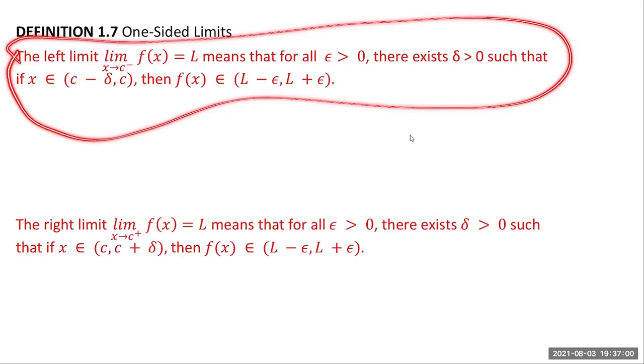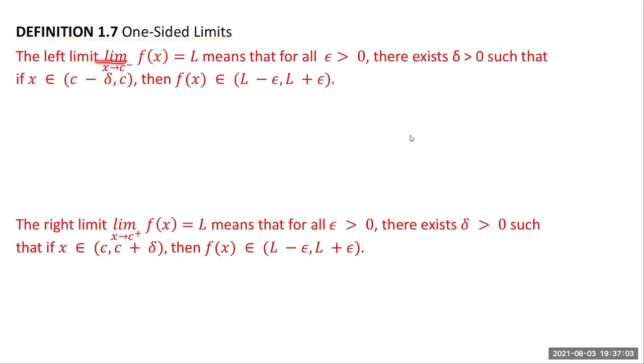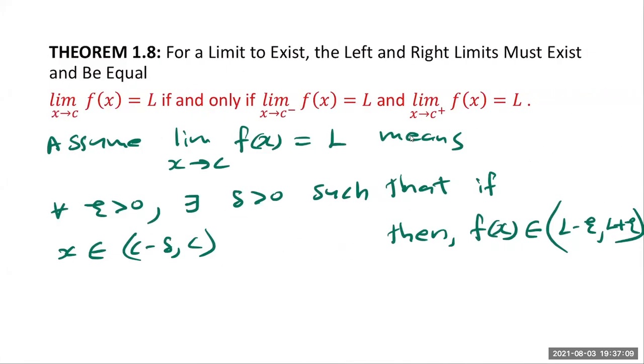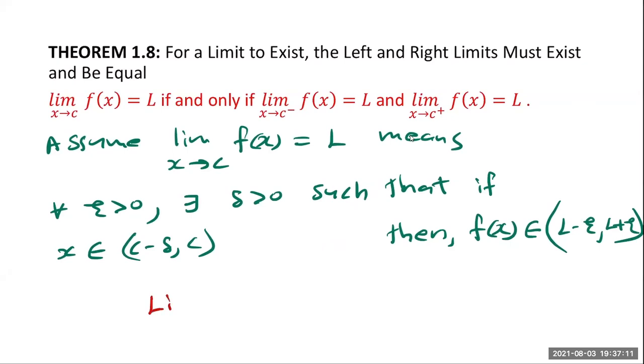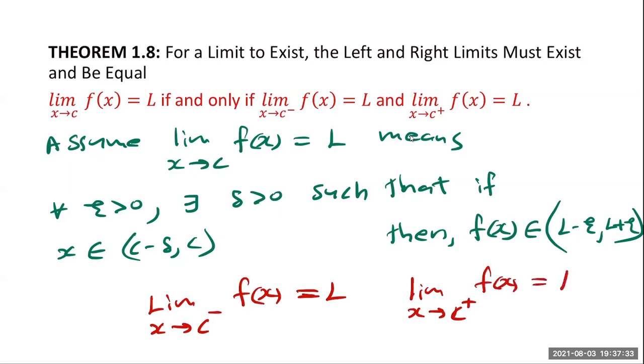That means limit as x goes to c minus of f of x has to be L. This means limit as x goes to c from the negative side, f of x has to be L. Similarly, you can show that limit as x goes to c from the right hand side, f of x is also L by chopping off this part instead of the second piece.